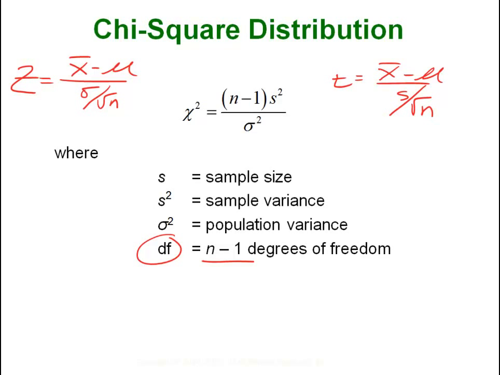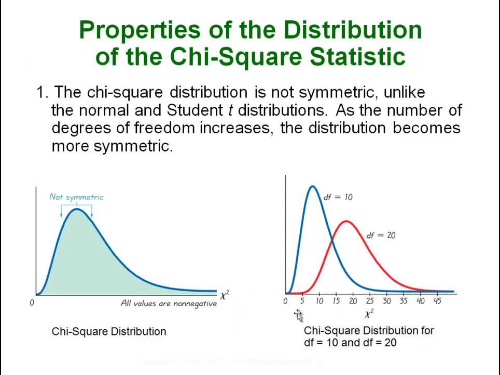So if we were going to do this, we would have 22 minus 1, because that's our n, times 10.5 all over sigma squared equals chi squared, right? Well, we want to find this, and then we got this critical value. So it's kind of like a switcheroo. Solve one for the other.